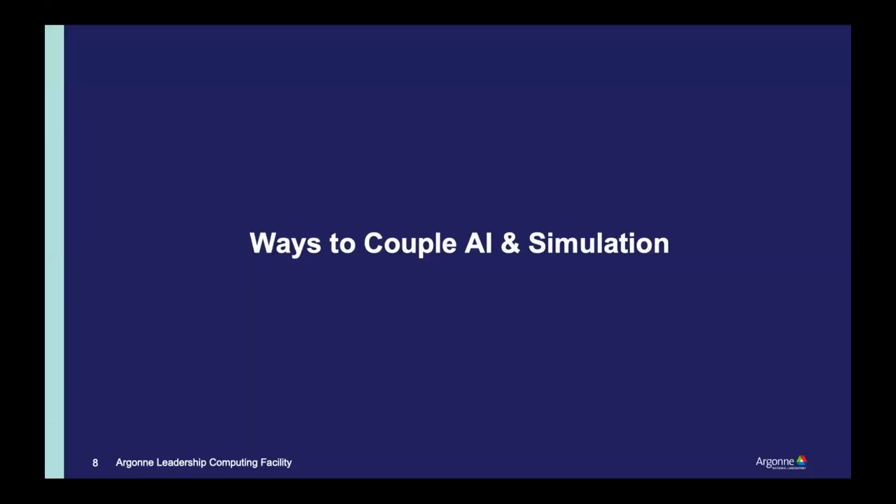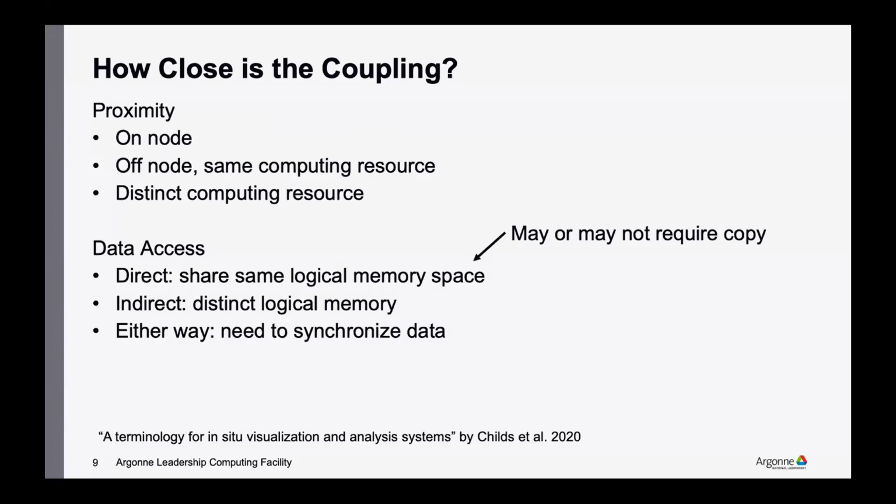Okay, so broadly, there are different ways to couple AI and simulation. These next few slides are vocabulary from this paper, a terminology for in situ visualization and analysis systems. One way to characterize how you're doing this is the proximity of the coupling.